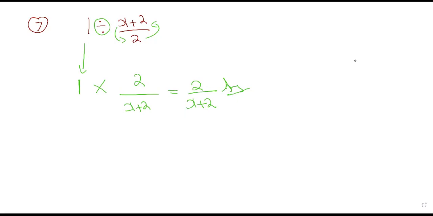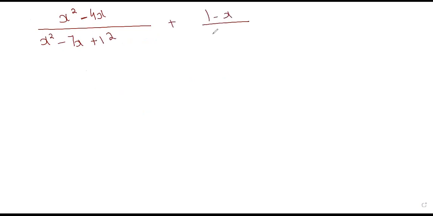So let's do this question. Let's say we have x square minus 4x divided by x square minus 7x plus 12 plus 1 minus x divided by x minus 3.